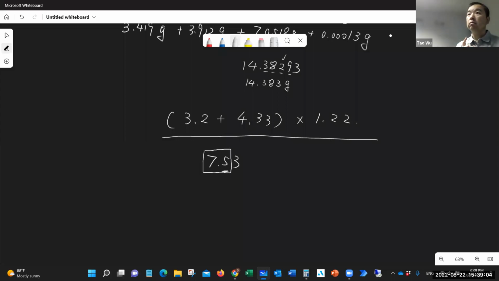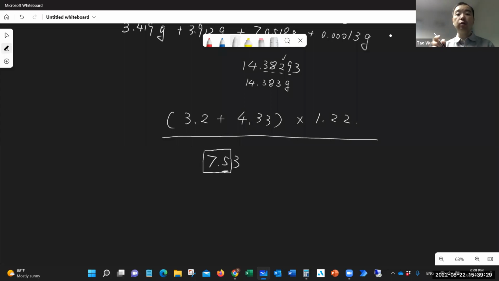But here's the but. If you combine everything together, it's confusing. The but thing is, in the whole calculation, we're not going to round when we're in the middle of the calculation.